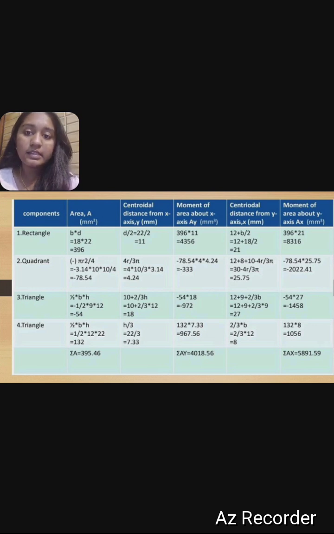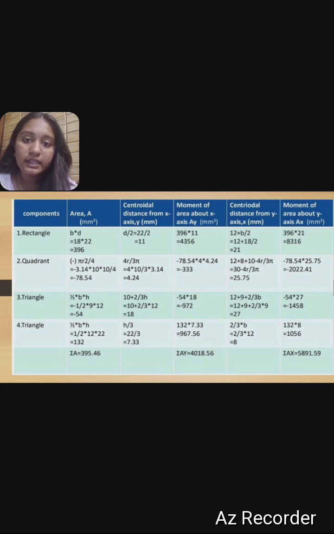And the last one, also a triangle, is 132 into 7.33, which gives you 967.56. So the summation of AY, by adding all those four answers, will be 4018.56.